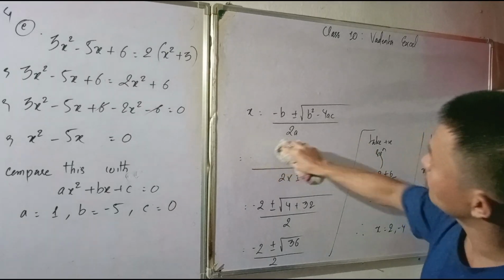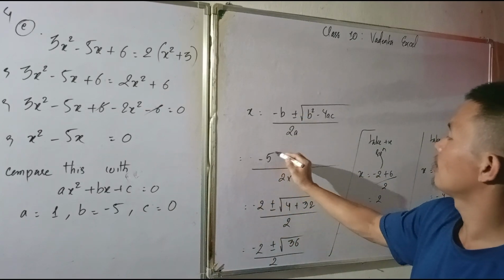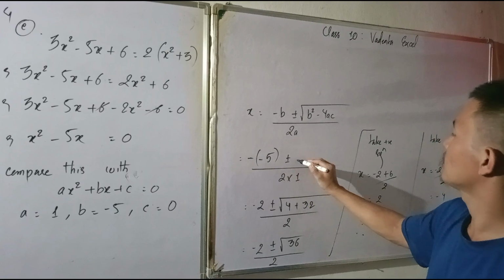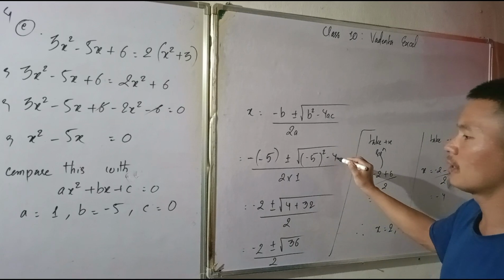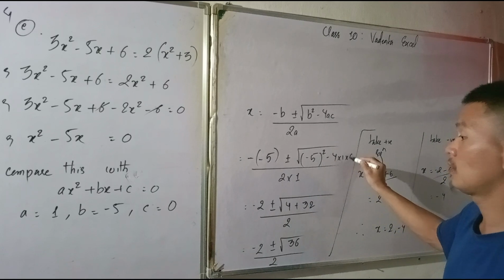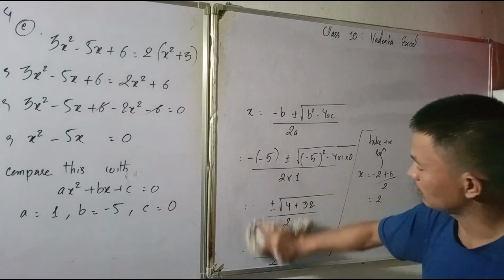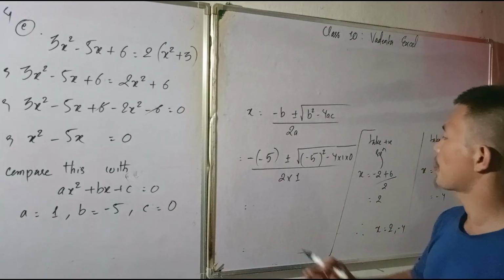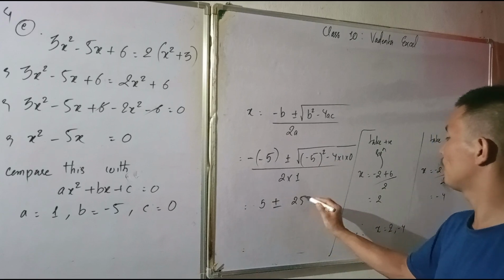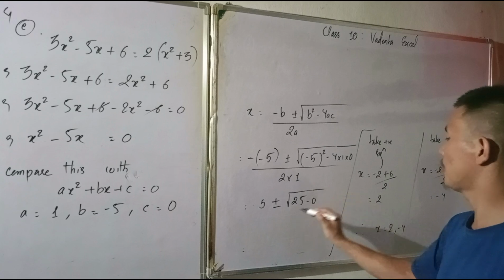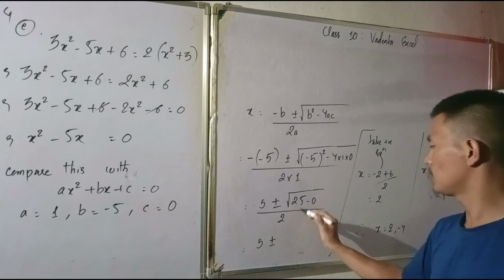I'm only substituting the values for A, B, and C. We have B as minus 5. So x equals minus B, plus minus the square root of B squared, minus 5 squared, minus 4 times A, we have 1, times C, we have 0, all over 2 times A. Now let's simplify them.